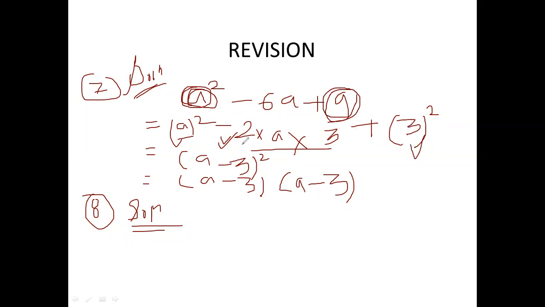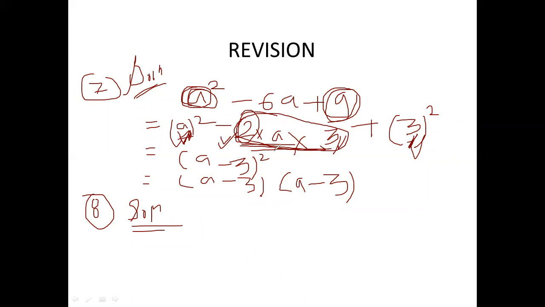Then the middle term we have to write as 2ab. The 2 comes from the formula, and a means the first bracket one is a, and the second, last one is b. And we have to check whether this multiplication gives the middle term. When you multiply this, does it give 6a or not?